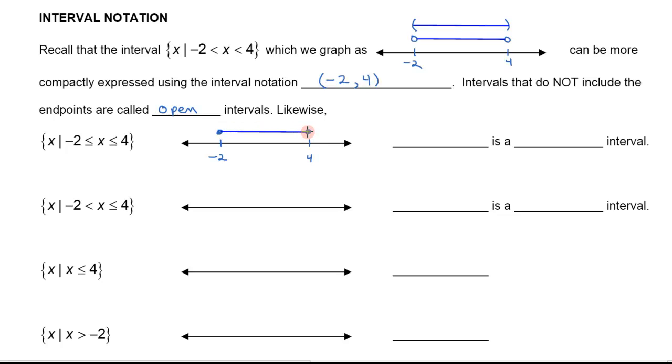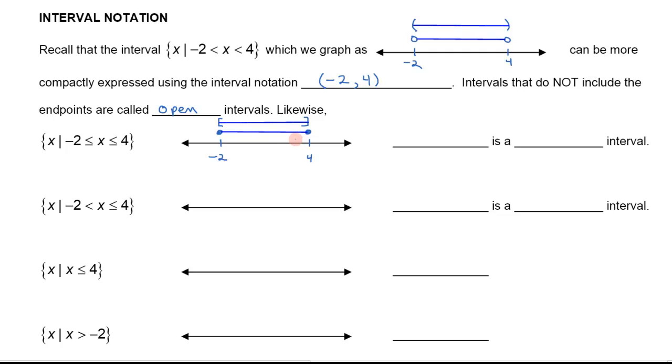And in addition to using a closed circle, we can also use a square bracket to indicate the same thing. So this set of points between -2 and 4, and whether you've got the closed circle or the square bracket, that means you're including all the points between those 2 points and the 2 endpoints.